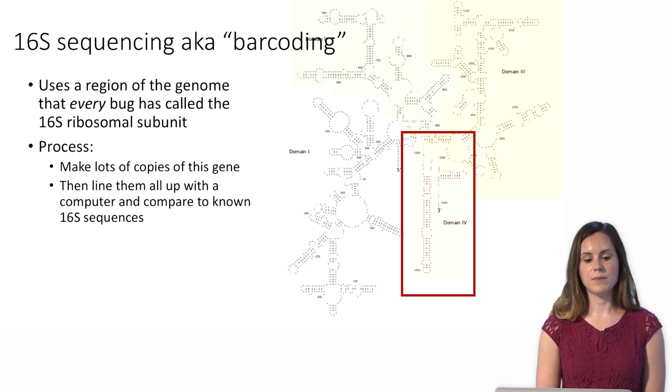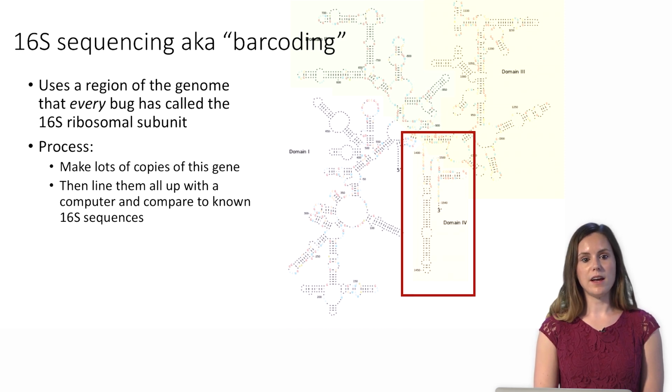Essentially what you do is you make lots of copies of this single gene, which you can see here on the picture on your screen outlined in the box in red, and you line up all of these copies of this gene with a computer and compare them to known 16S sequences from every bug that we know that lives within your gut. And this allows us to make comparisons like apples to apples because we only have one piece of the genome that we need to align.